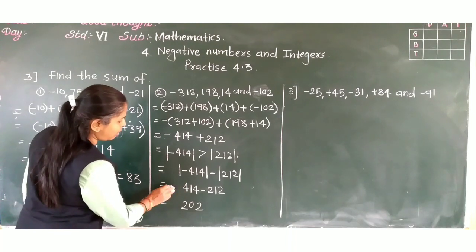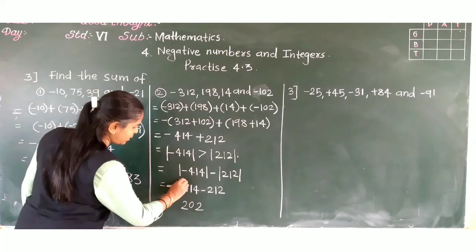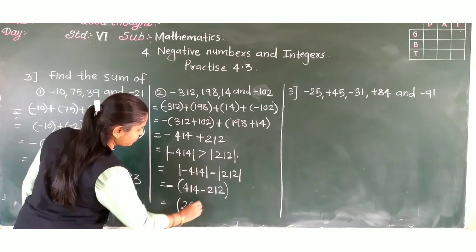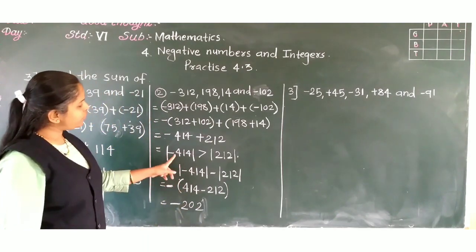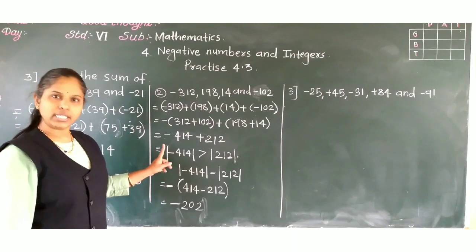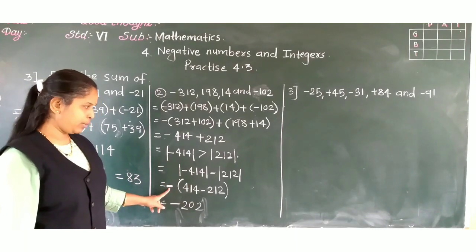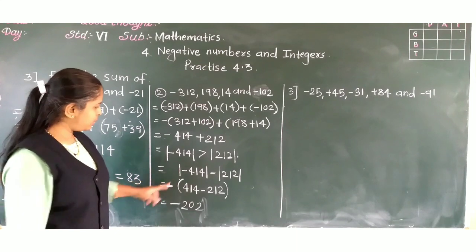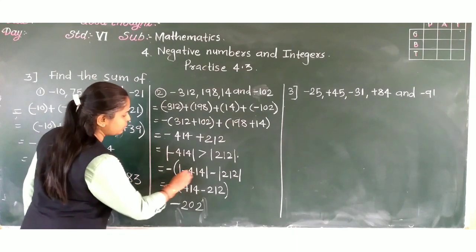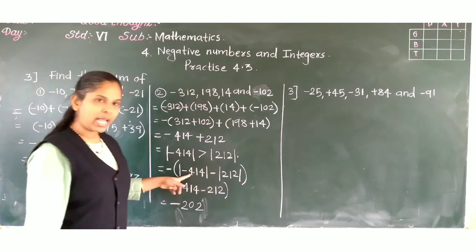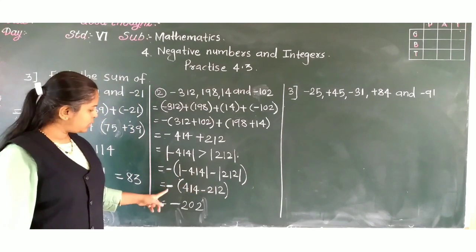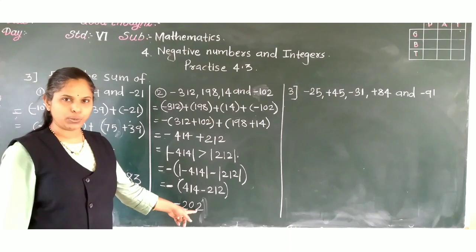But this answer will be negative. Why? Because the absolute value of the negative integer is greater. Okay? Here also the negative sign we will take outside and do subtraction of absolute values. So the answer will be minus 202.